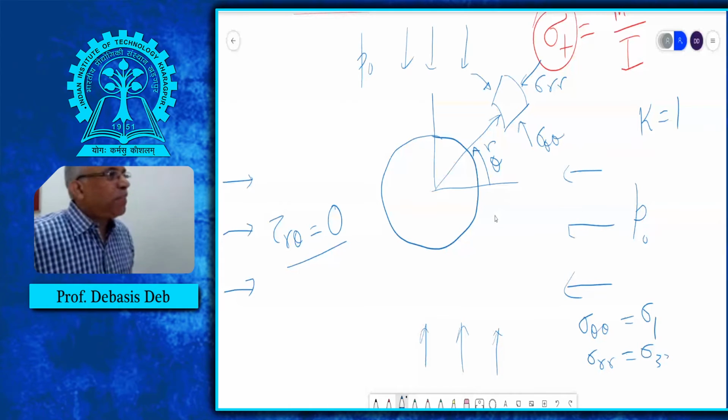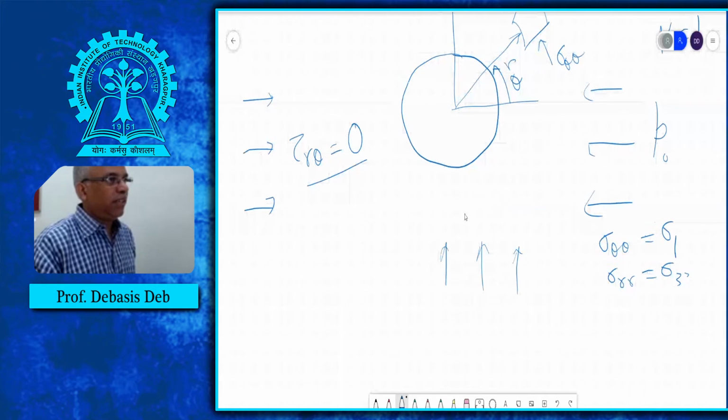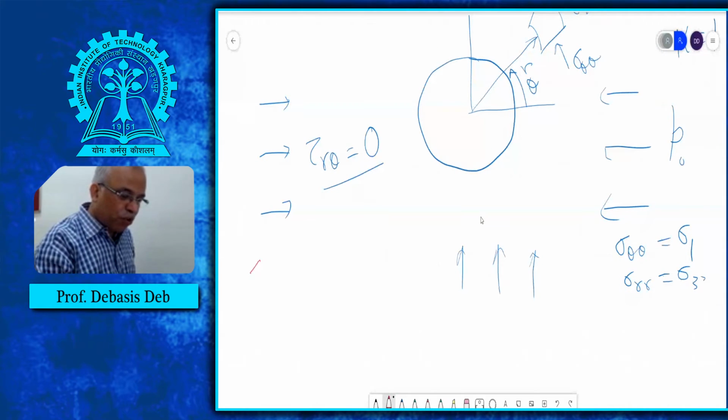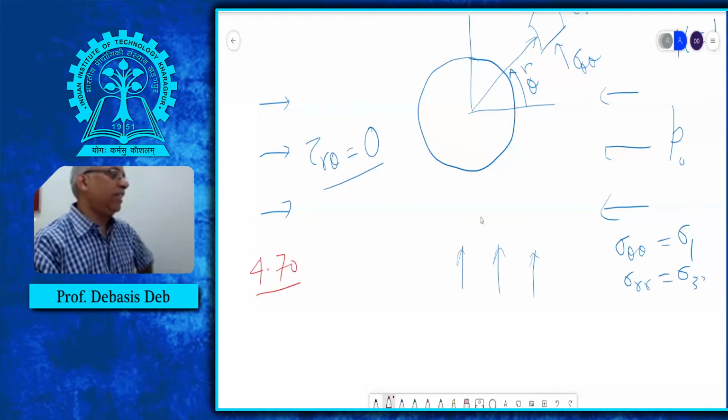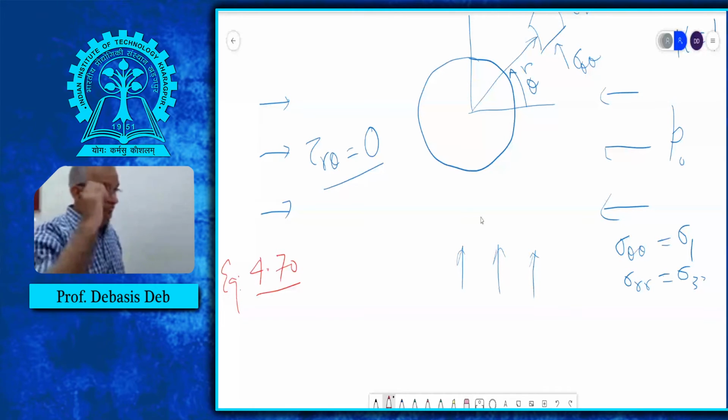Now, if we are in a principal plane where tau r theta is 0, you look back at the equation of the book. I'm just moving it this side. Equation number 4.70. You do not have to see right now. This is the equation in chapter 4, the stress analysis chapter.